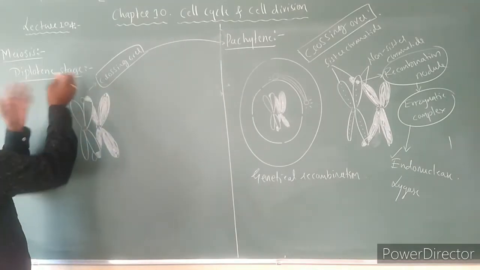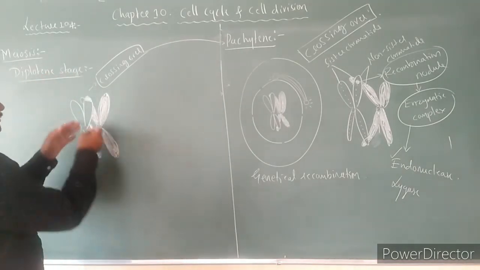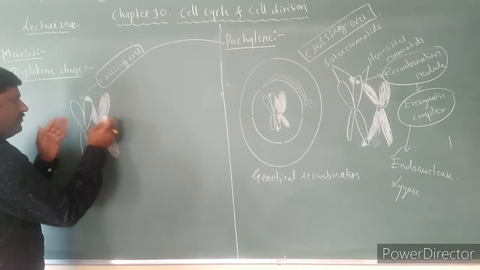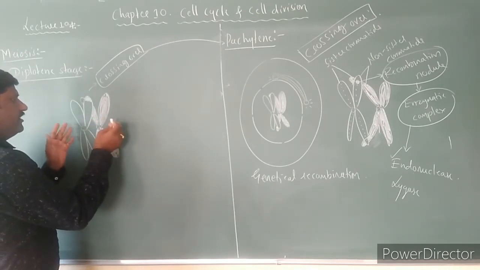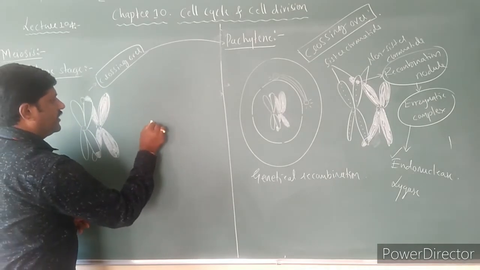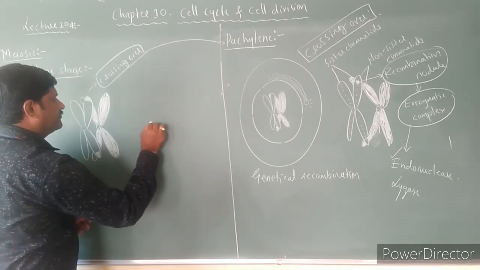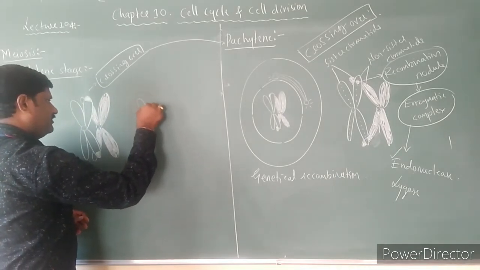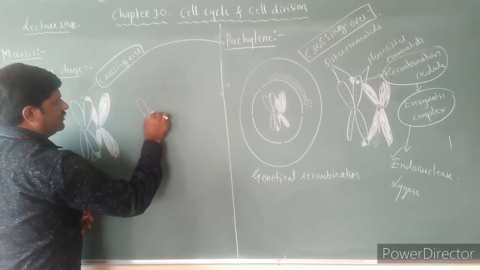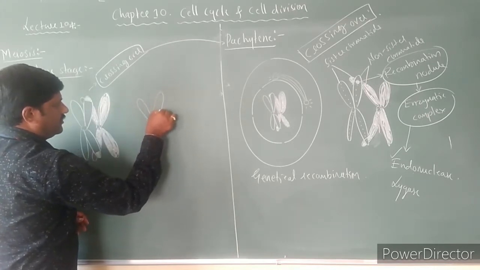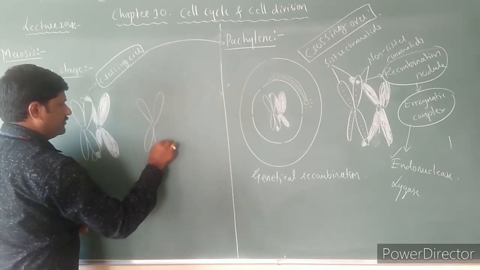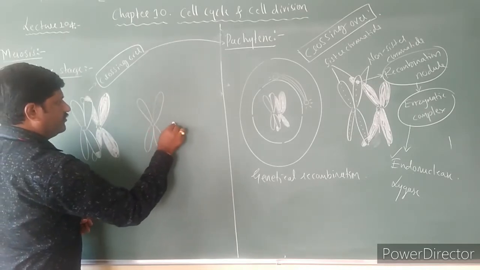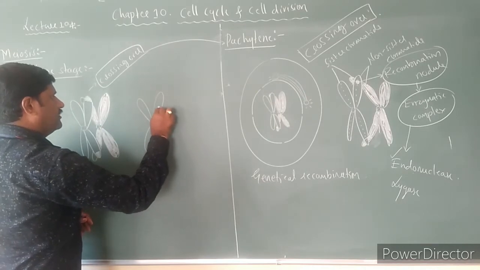In diplotene, these two chromosomes move apart. When these two chromosomes move apart, you can see how it looks over here. This is one chromatid, this is another chromatid. So this is one chromosome and this is another chromosome.